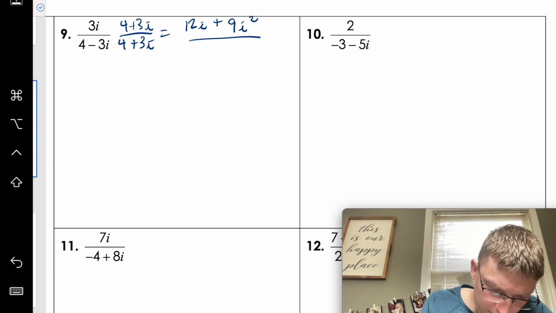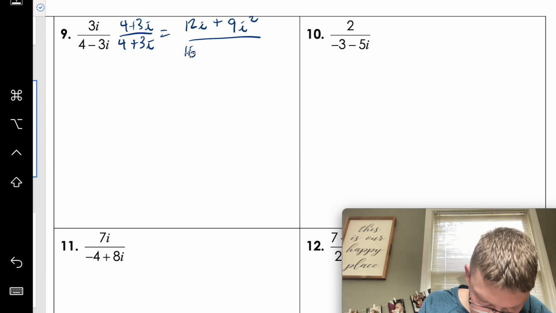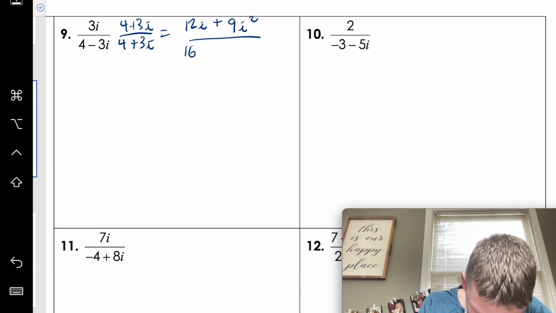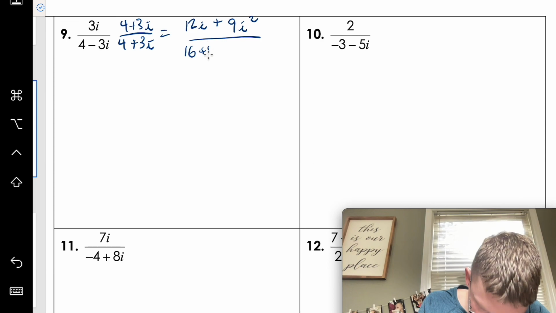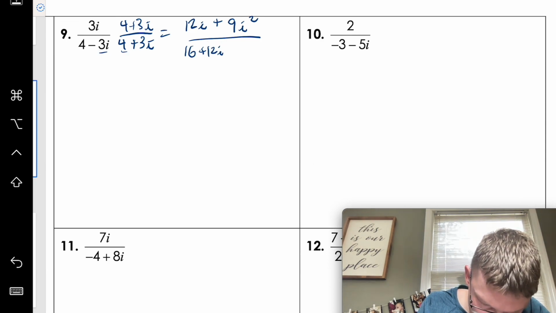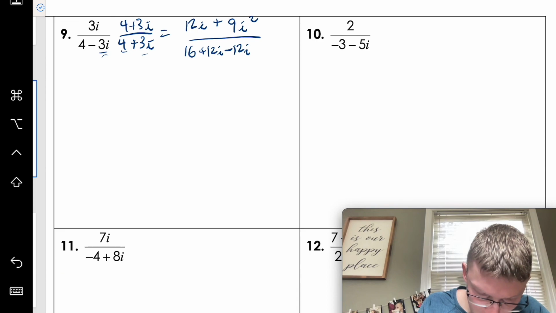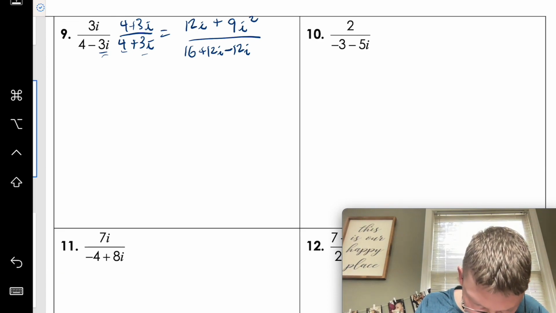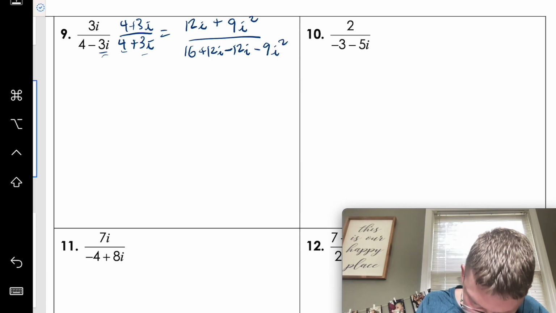And then on the bottom, we've got 4 times 4, which is 16. 4 times positive 3 is 12i. Negative 3 times 4 is negative 12i. And then negative 3 times positive 3 is going to be a negative 9i squared.